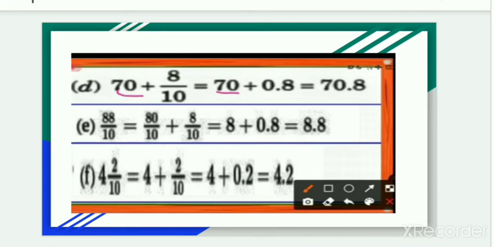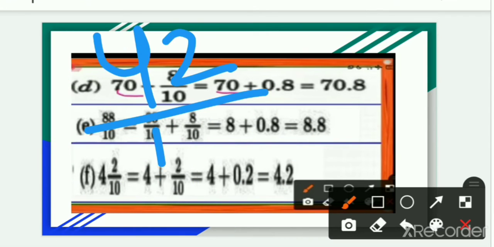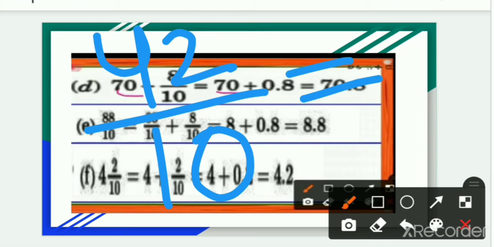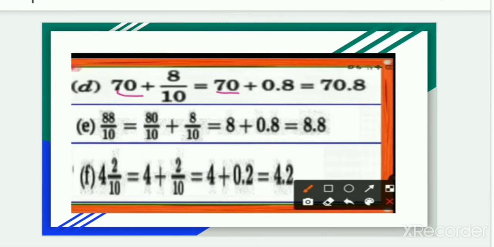Now divide this 42/10. What we will get? When you will divide 42/10, how many zeros are down? Here is only 1 0, so we will count only one place. So this is the one place. In front of that we will put the decimal point. So it will be 4.2. Okay.